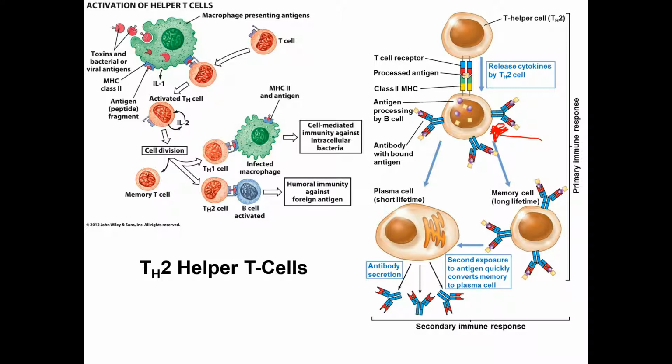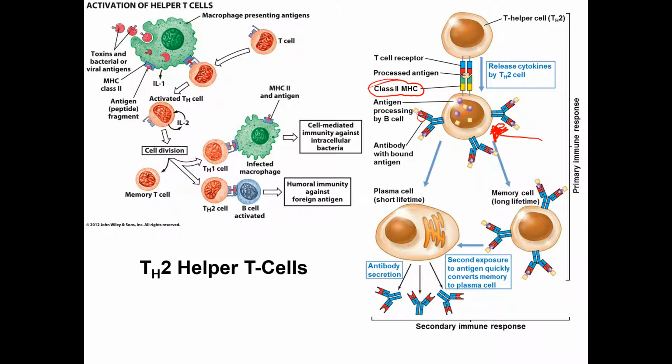You have your B cell that detects some surface antigen through the variable region of the antibody. That antibody is brought into the B cell and processed, and those antigens are displayed on MHC class II surface receptors.